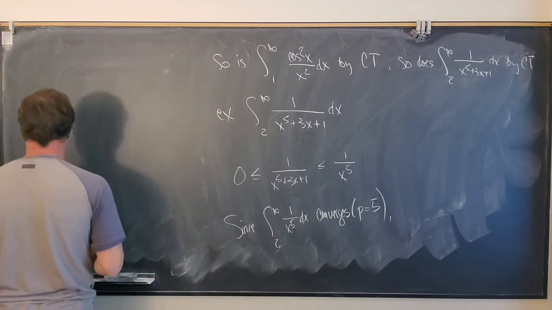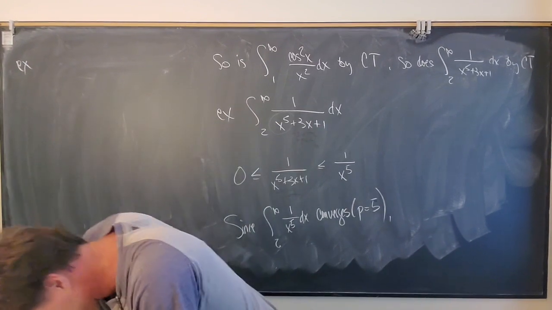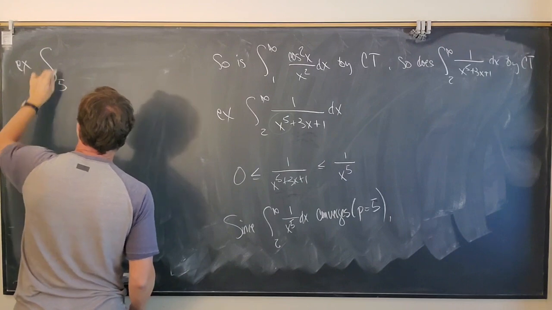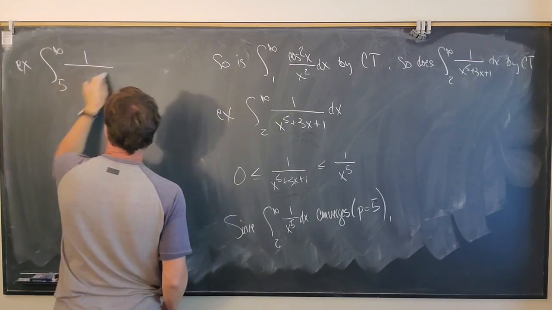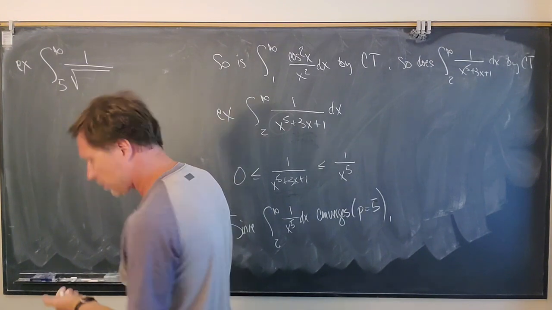Okay, let's try one more example of that. So let's look at the integral from 5 to infinity of 1 over the square root of x squared minus 1.